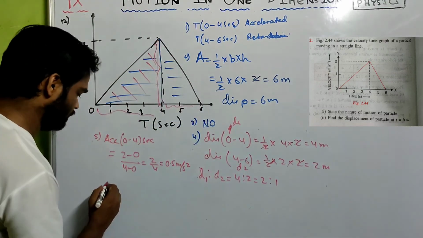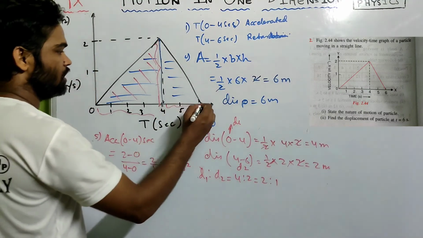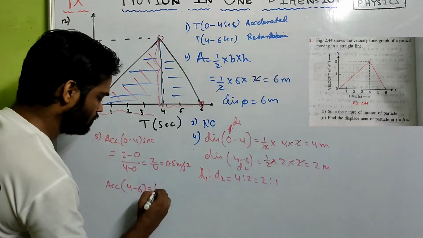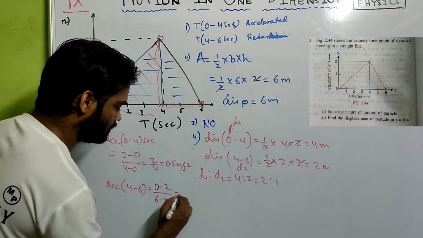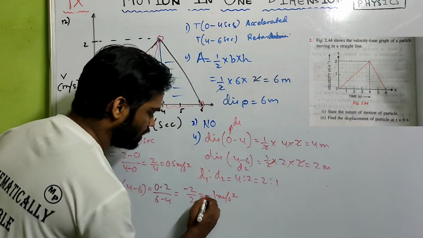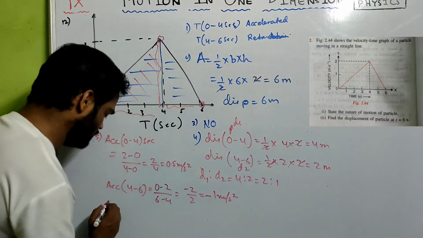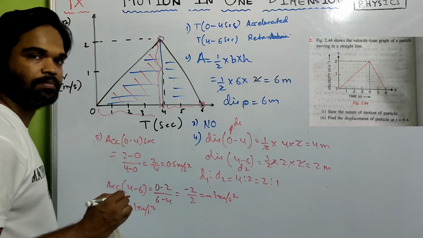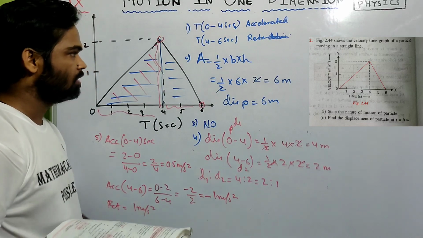And for this part, acceleration from 4 to 6, change in y coordinate, this is 0 minus 2, by change in x coordinate, which is 6 minus 4, this is minus 2 by 2, that's minus 1 meter per second square. Negative sign indicates retardation. Acceleration is minus 1 meter per second square. Therefore, retardation will be 1 meter per second square. Am I clear? Yes, they have asked that only.